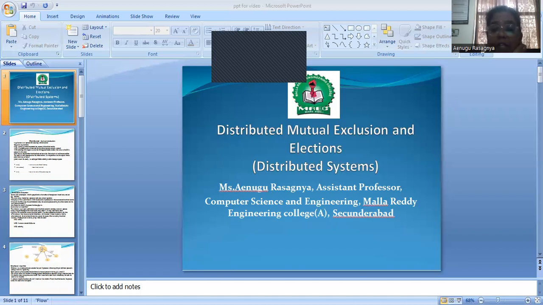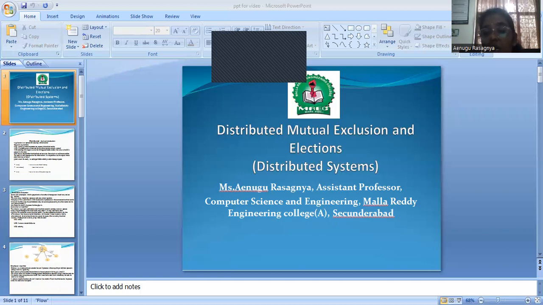And coming to multicast and logical clocks, what is the concept here? Instead of depending on a server, or on some other process to send a token that we wait for, we use a clock. A clock is a concept where we use the timestamp of the particular process that sent its request first. The process that sent the request first will get a chance to enter the critical section.